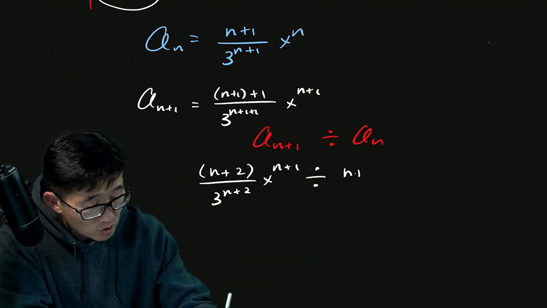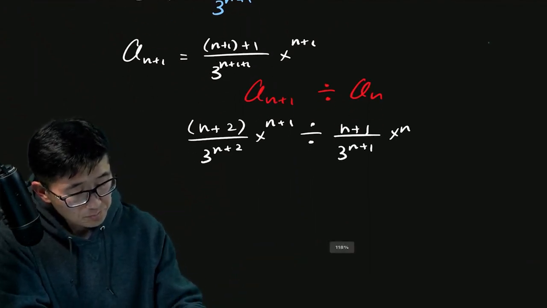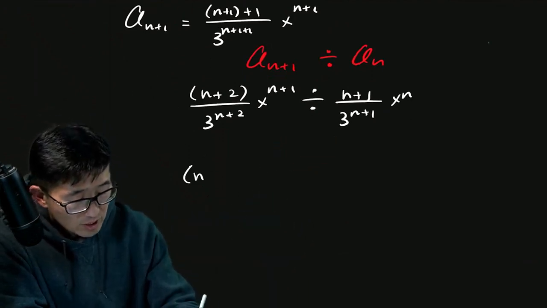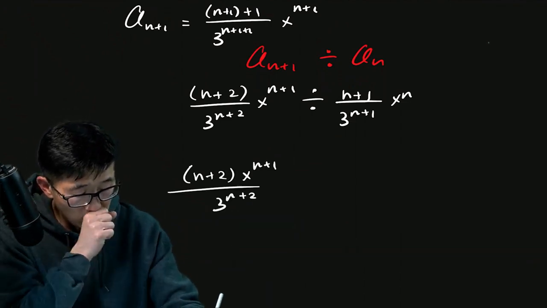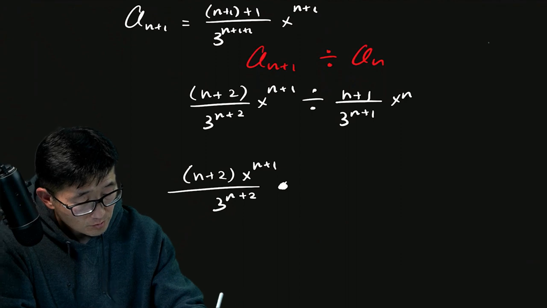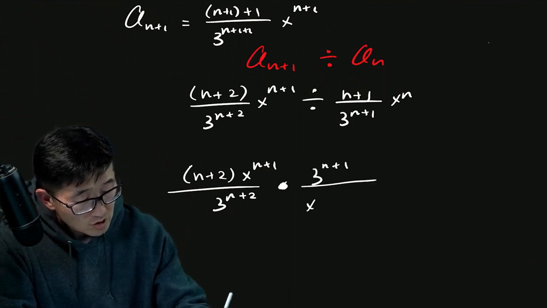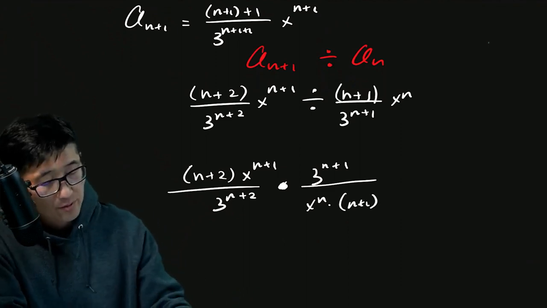So this would be (n plus 1) over 3^(n+1), x^n. Let's take that, flip it and multiply it. So we get (n plus 2) x^(n+1) over 3^(n+2), times 3^(n+1) over x^n times (n plus 1). Let's put parentheses around there.